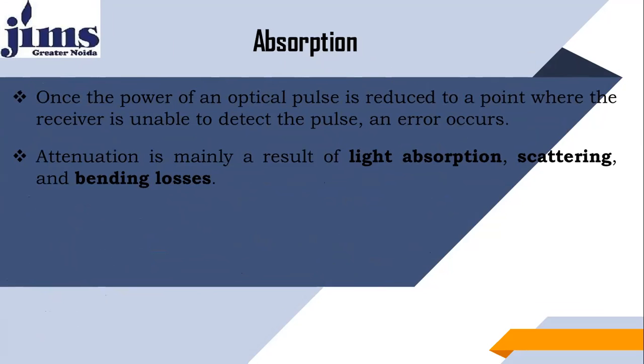pulse, an error occurs. Now, when an error occurs in optical communication, the receiver just takes a decision whether 0 or 1 is received. But because of the absorption and attenuation, the signal energy or power is reduced, and sometimes the energy of the pulses is reduced.